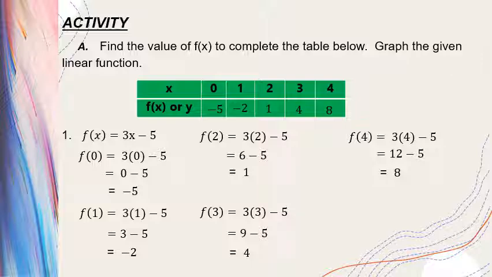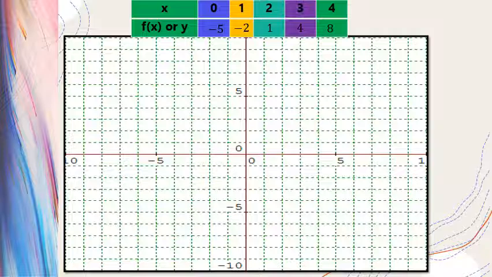Now we're going to graph. So I will color each of these ordered pairs on the graph. Let's do the first point, 0 and negative 5. So this is blue. 0 and negative 5: 1, 2, 3, 4, 5.